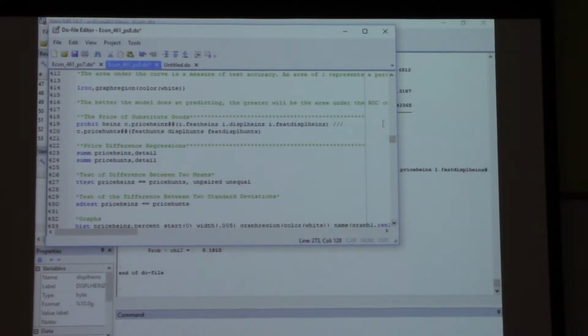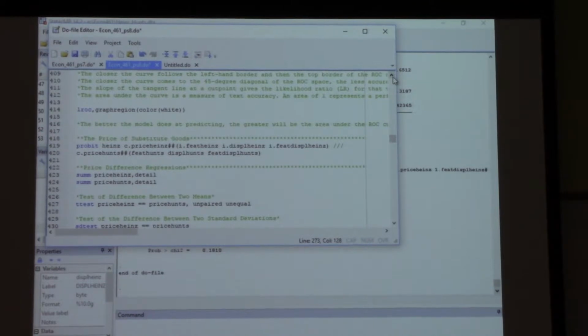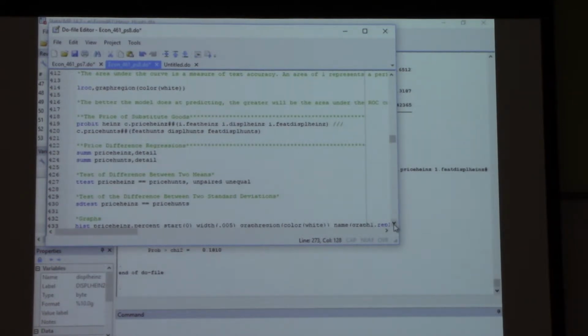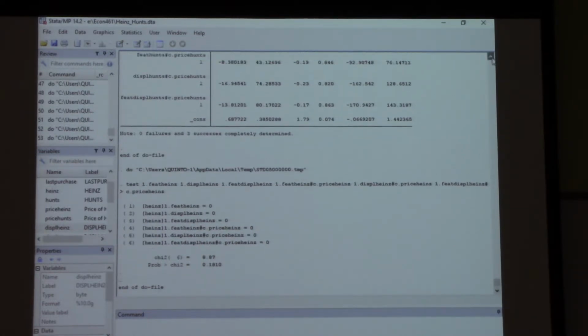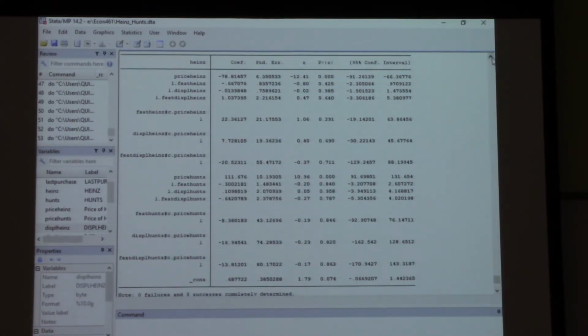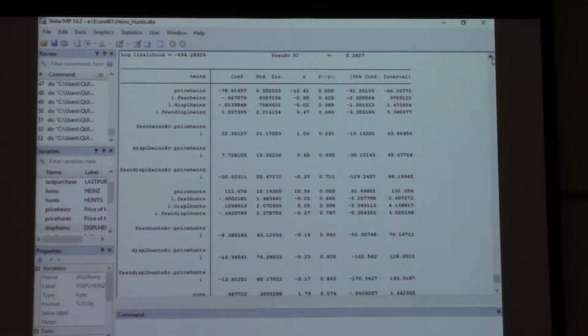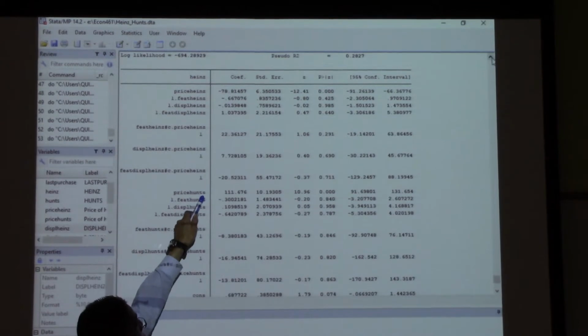One of the things that we haven't looked at is the price of Hunts.